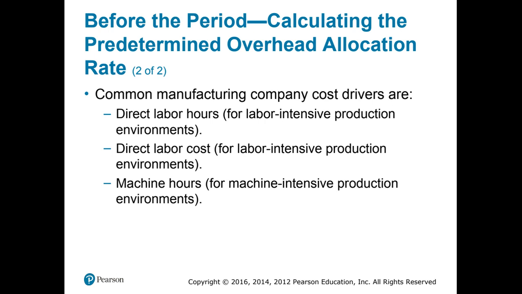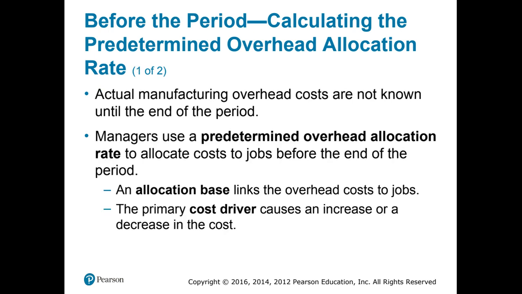So Smart Touch Learning uses only one allocation base, direct labor cost, to allocate manufacturing overhead to jobs. At the end of 2017, Smart Touch Learning estimated that total overhead cost for 2018 would be $68,000, and direct labor cost would total $170,000.